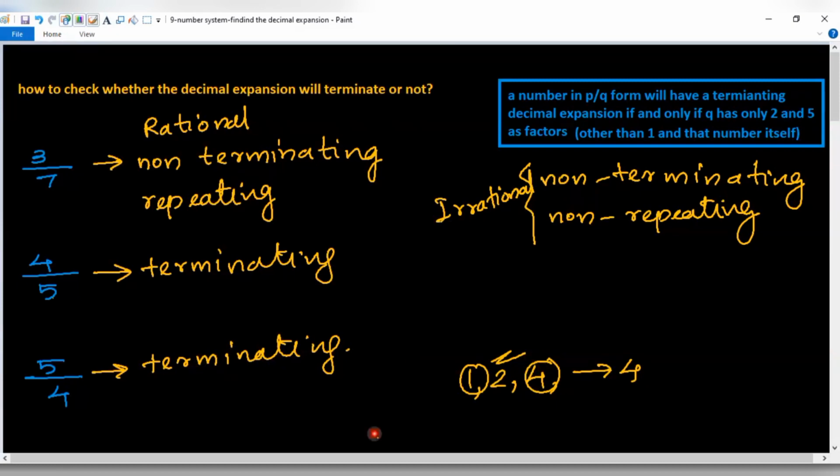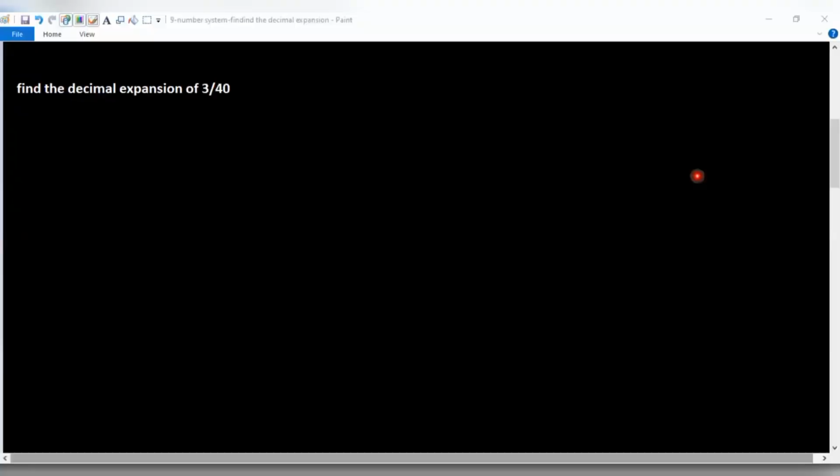So first we have to check whether it is terminating or non-terminating. This is our first question. Find the decimal expansion of 3 by 40. Here 40 comes as the denominator. When we factorize 40, 2 times 20, again 2 times 10, then 2 times 5.